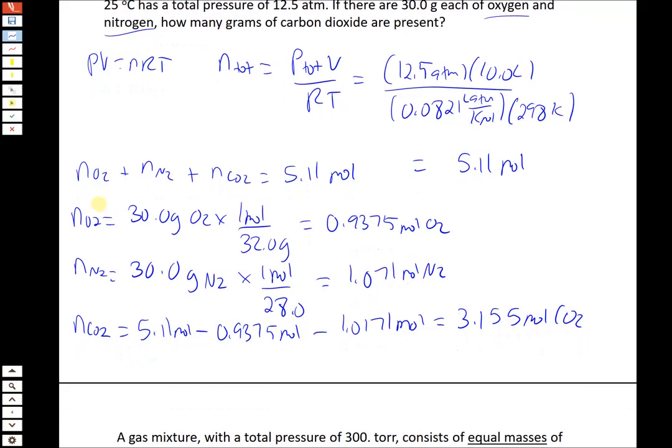That's moles of CO2. And then finally, what this is asking for is grams of CO2. So it's going to be that number times the molar mass of CO2, which is 44.02, carbon plus 2 oxygens.